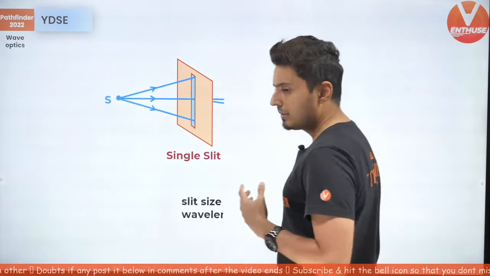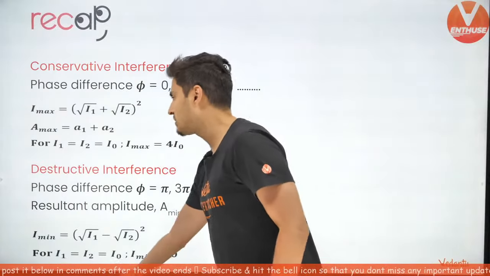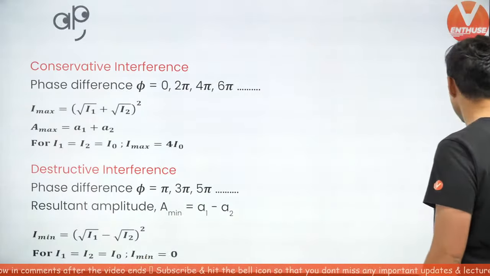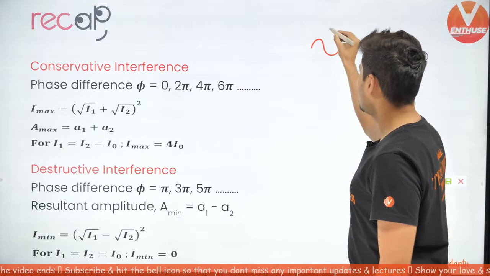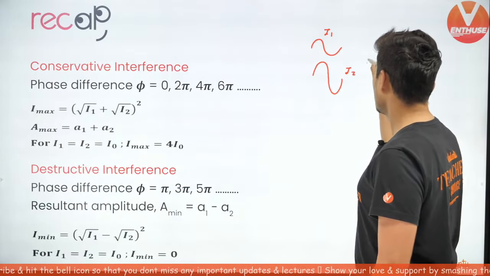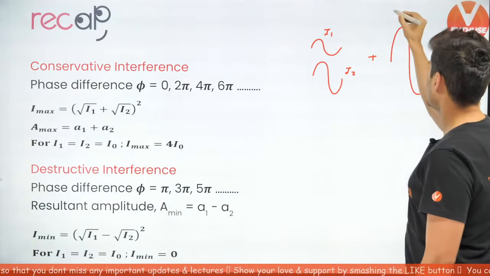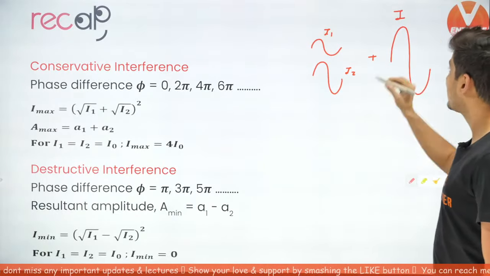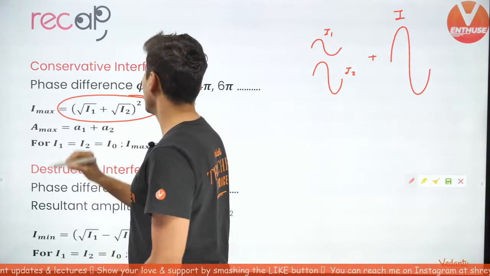So Neville was asking what's the last point about constructive interference. I'll just mention this over here. See, the thing is, if you have these two waves, let's say the intensity of this wave is I1 and the intensity of other wave is I2. So when they add together and they produce a new wave of new intensity over here, this intensity is given by root I1 plus root I2 whole square.